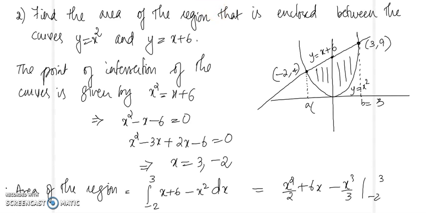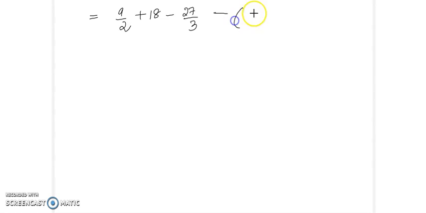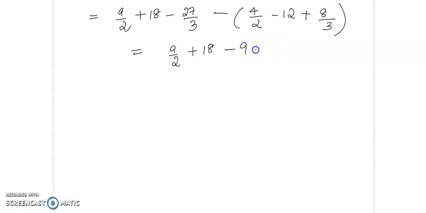Okay. Then minus x square by 2 for 4 by 2, plus 6x for minus 12. Then minus x cube, we get plus 8 by 3. So that will be 9 by 2 plus 18 minus 9 minus 2 plus 12 minus 8 by 3.